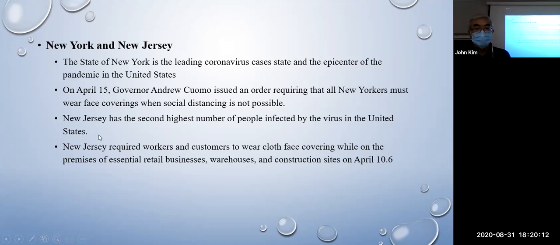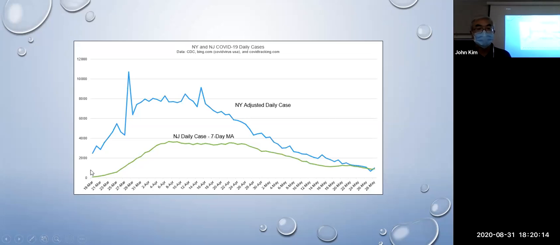And then the blue one is New York's daily case, and this one is New Jersey's daily case, the green one. For the New York case, we used adjusted daily case.